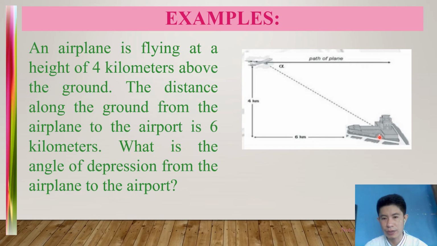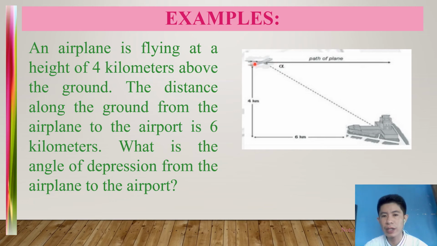So the airport up to that horizontal line of sight from the airplane is also 4 kilometers high. And since the distance of this base or ground up to the airport is 6 kilometers, then the distance from the airplane up to that point above the airport is also 6 kilometers. So this is also 6 kilometers.